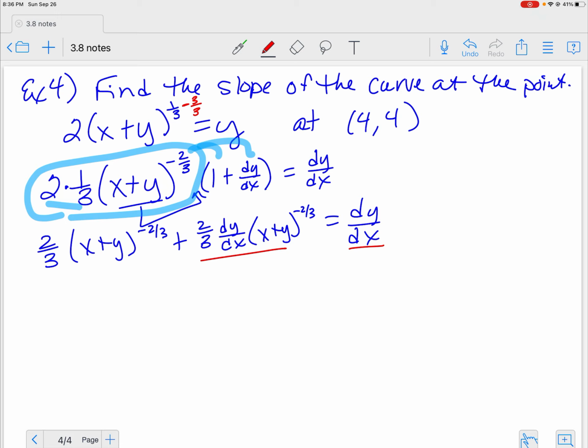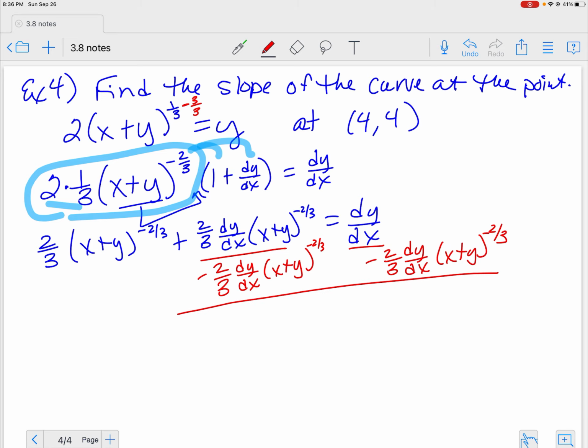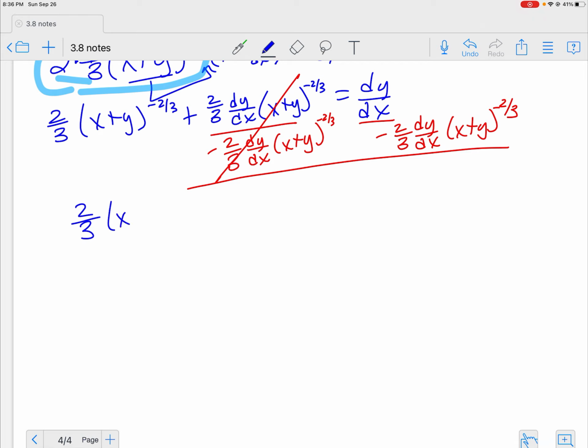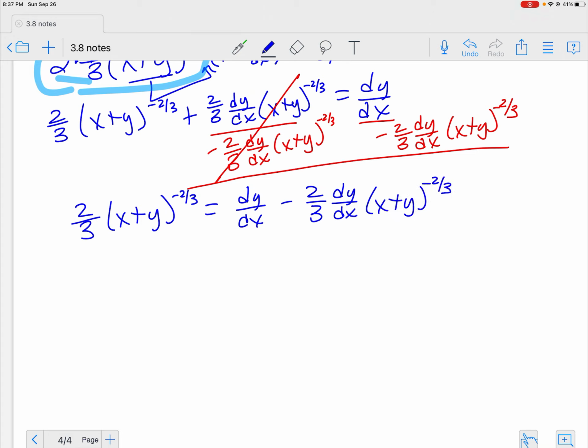Because I just have this one term, I'm going to subtract this 2/3 dy/dx (x plus y) to the negative 2/3. That goes, just writing and rewriting again, trying to isolate and algebra that down. 2/3 (x plus y) to the negative 2/3 is now equal to dy/dx minus 2/3 dy/dx (x plus y) to the negative 2/3.